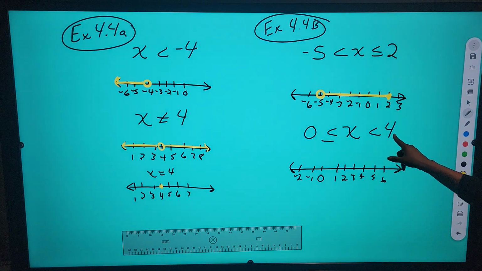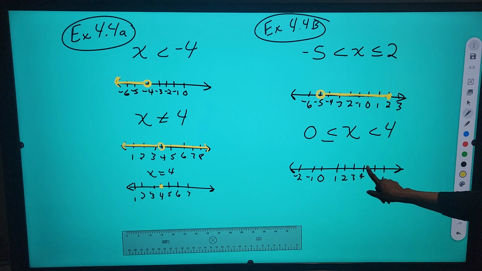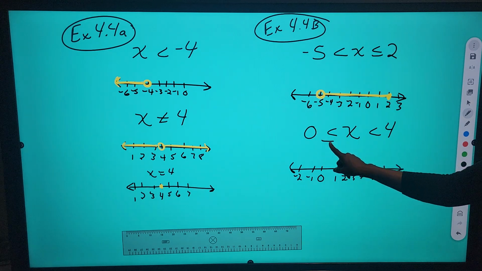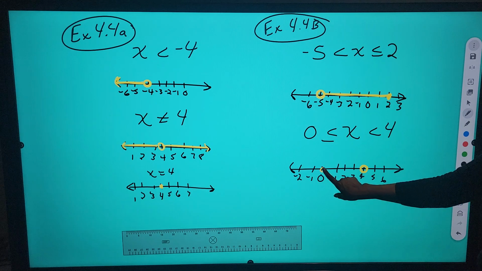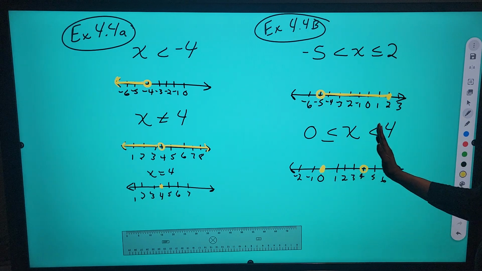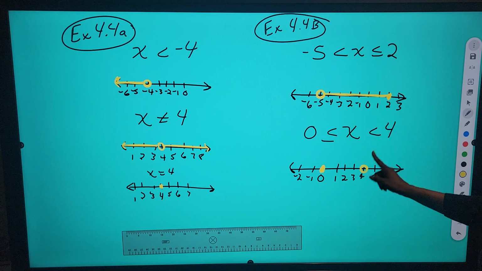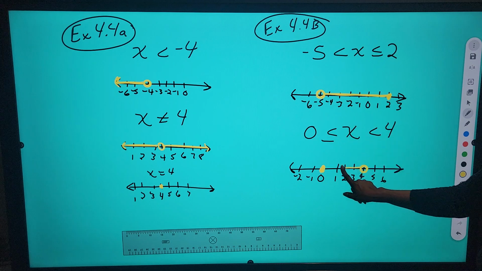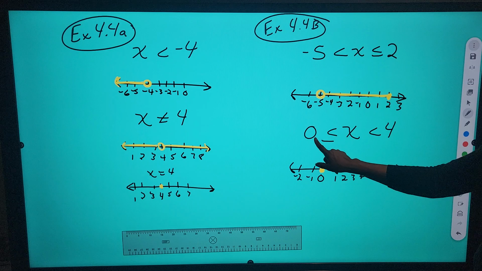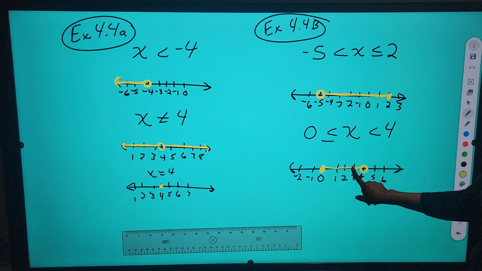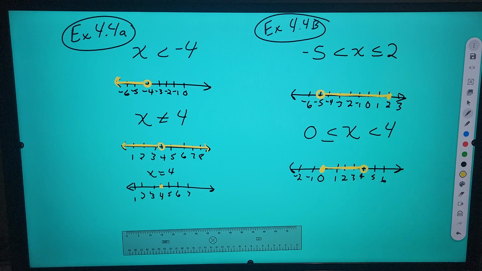Well, first off, I see at 4, it's going to be an open dot because there's no equal to there. But at 0, it's going to be a closed dot because of the equal to. And now I'm verifying that, yep, x is smaller than 4. And then it has to be no smaller than 0 because 0 is less than or equal to x. All right.